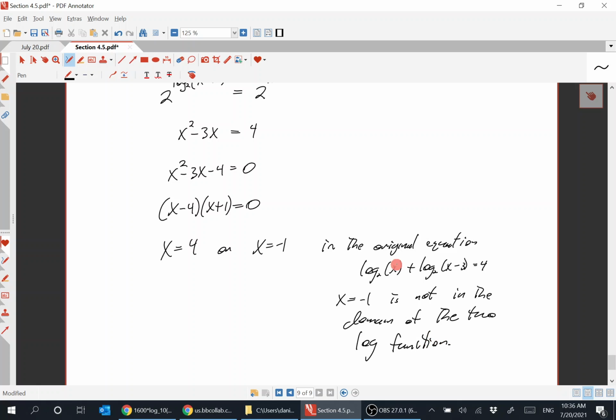We can't plug in x equal to minus 1 here or here because log base 2 of minus 4 is undefined, as is log base 2 of minus 1. But the 4 is fine. Log base 2 of 4 is 2, and log base 2 of 4 minus 3 is 0. So that's the answer. This one doesn't work.